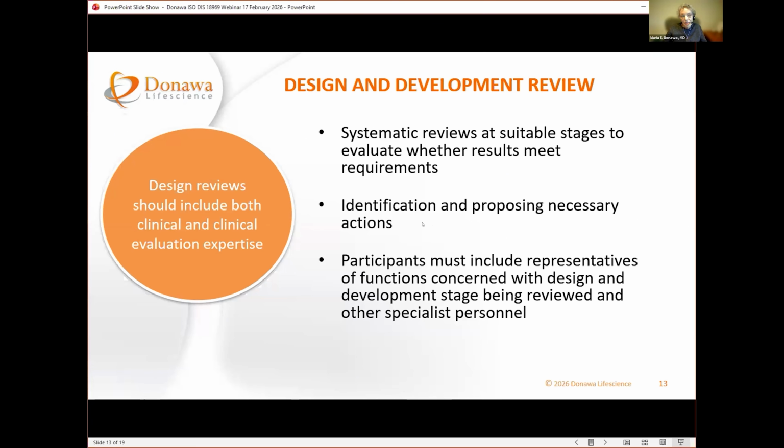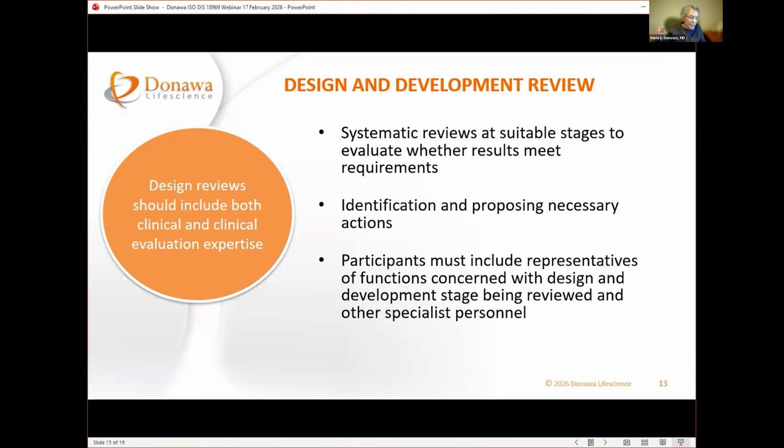You are going to, and this is, as you can imagine, simplifying this greatly, identify any actions that need to be taken, and participants need to, and the standard specifies this, include representatives of various functions, but certainly the functions concerned with the design and development stage, the particular stage that's being discussed, and other specialist personnel.